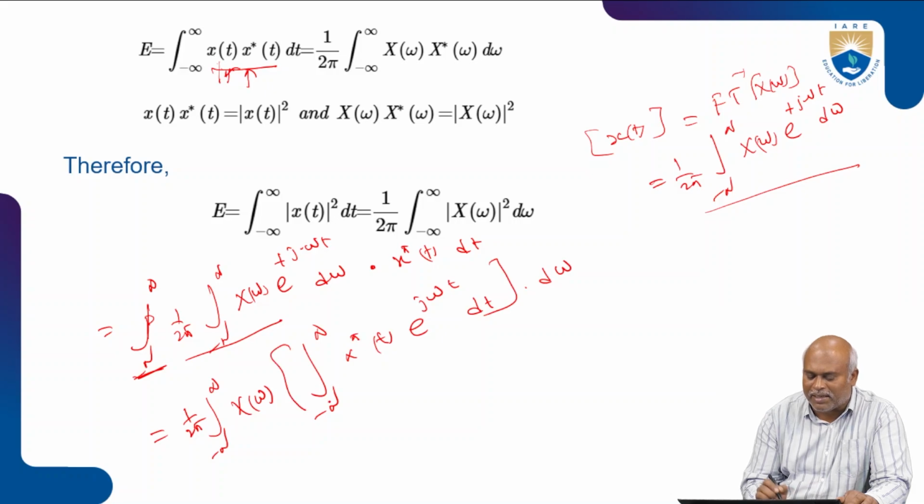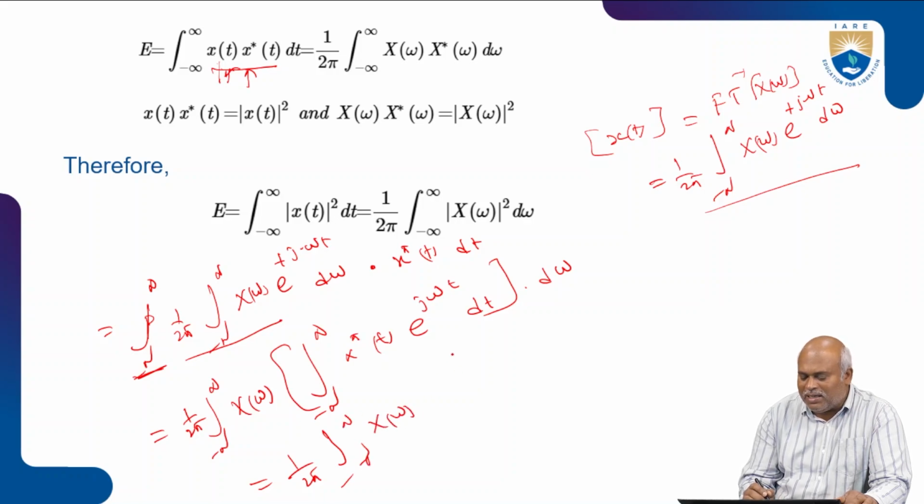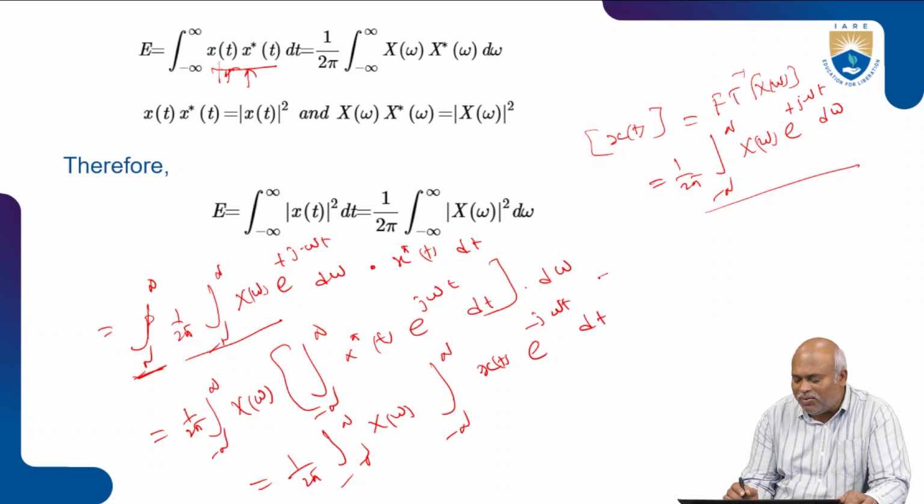This term I combine. Now this term I should write as 2 pi integration of minus infinity to plus infinity x of omega, then the integral from minus infinity to plus infinity of x of t e power of minus j omega t dt, whole star. This star I take out for the whole.